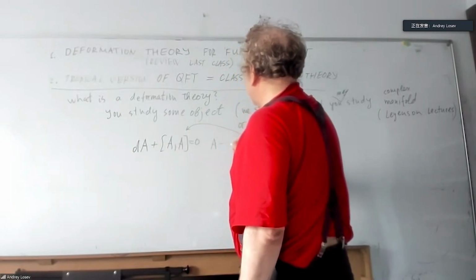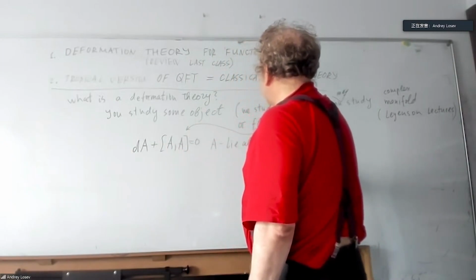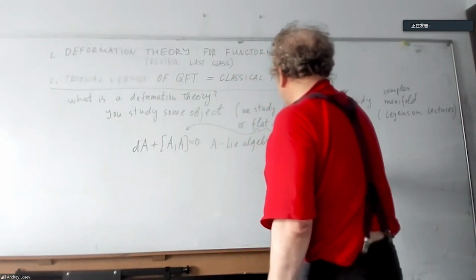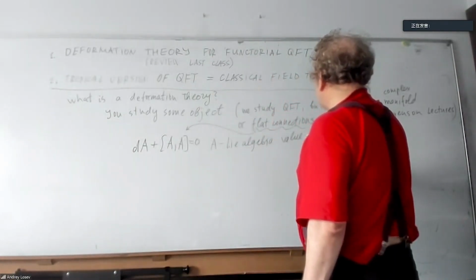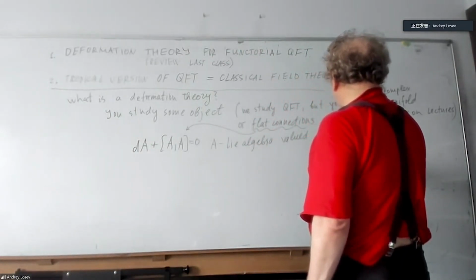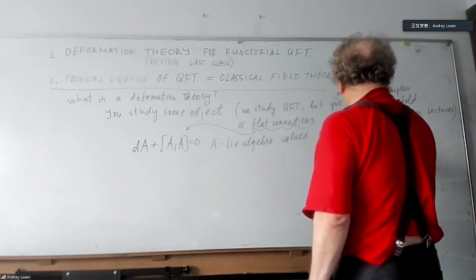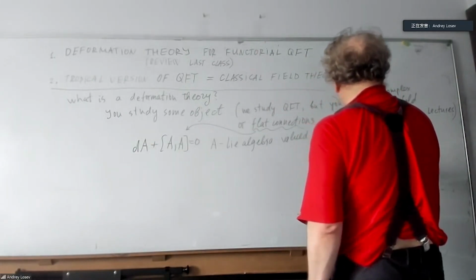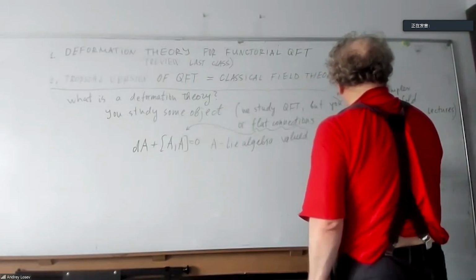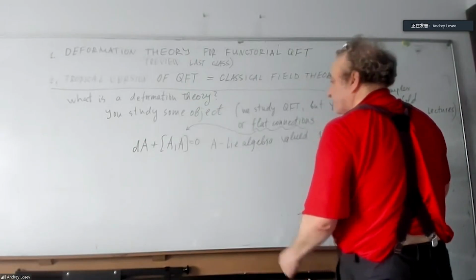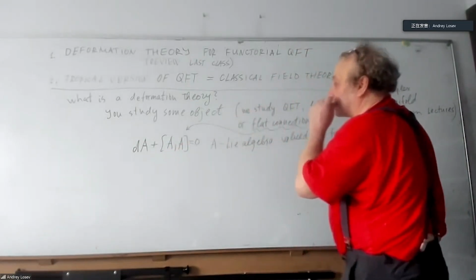A is a Lie algebra valued 1-form on a manifold X.